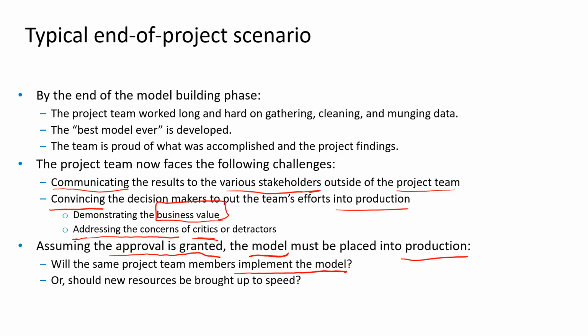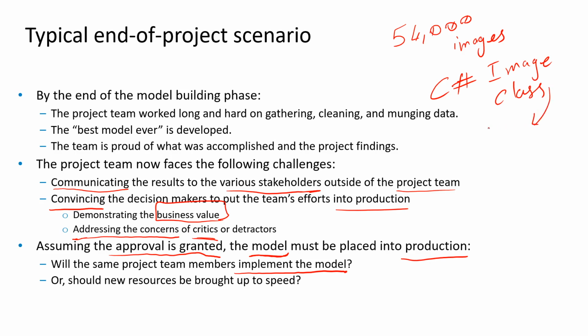I remember when I was working on my master's project, as I mentioned to you before, I had 54,000 images, and I was using the C# image class. Processing all those on my computer, which was a good Core i7, was taking around 50 minutes.